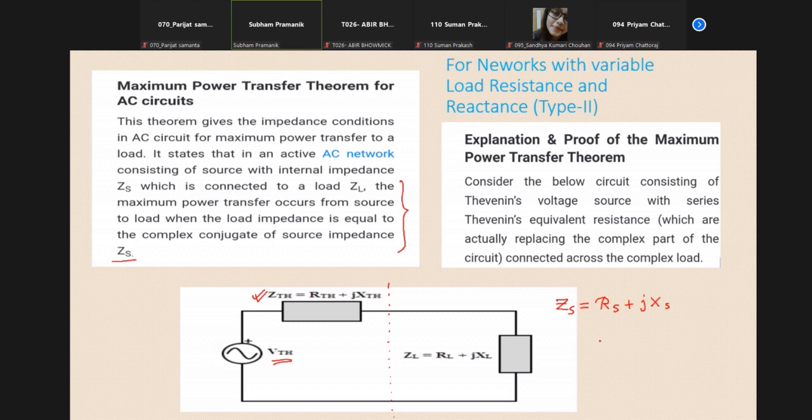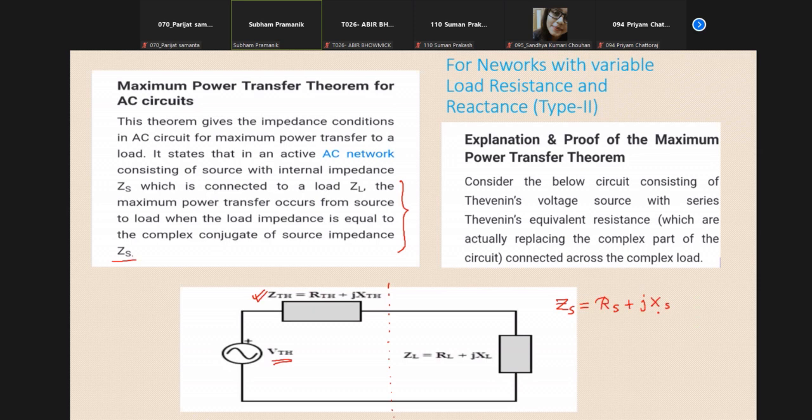XS can be due to an inductor, XS may be contributed by a capacitor. Depending on that, its expression will change. For example, if it is an inductor, XS will be omega times L, the reactance of the inductor.